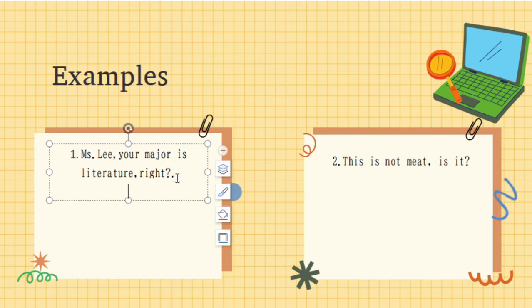So since Miss Lee is a foreign name, we will use the katakana. So since the katakana and the hiragana of ri is the same, yan. Ri-san wa, major. Our major is senmon. Senmon wa.